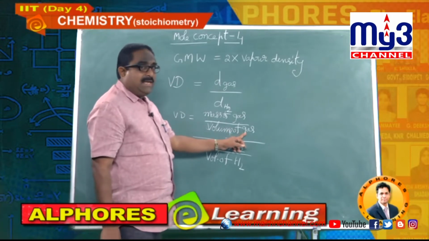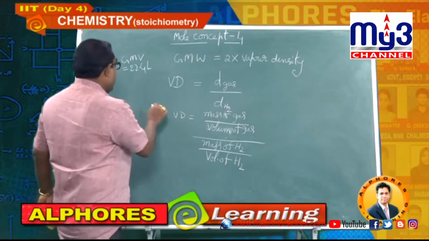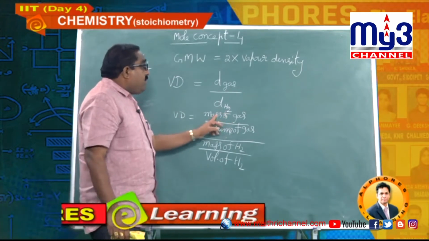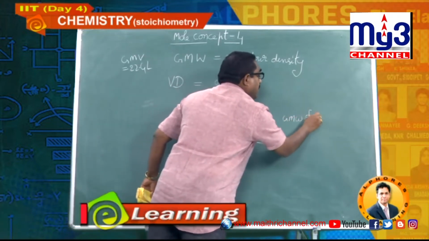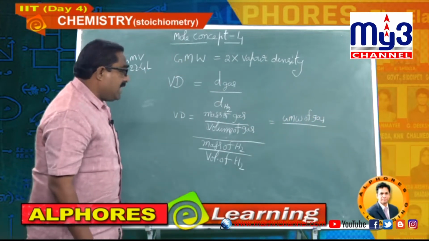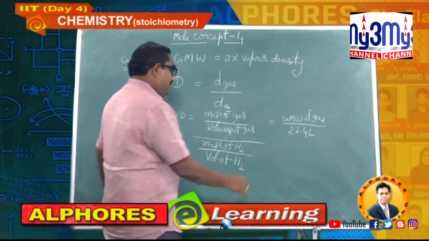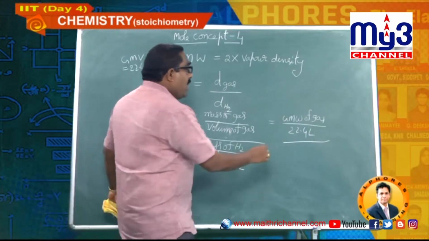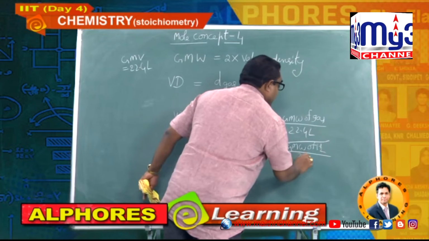If I take this relation at STP conditions, here I am writing at STP conditions, and if you take molar mass of gas, here I am writing GMW of gas, that is nothing but 1 mole of gas, which at STP is going to occupy 22.4 liters, divided by mass of hydrogen, that is molar mass of hydrogen, divided by again 22.4.